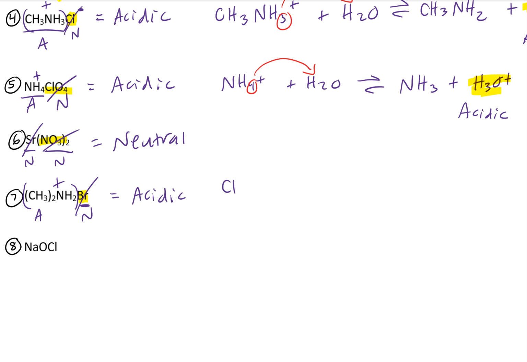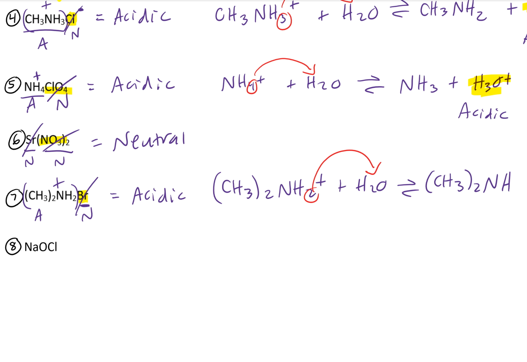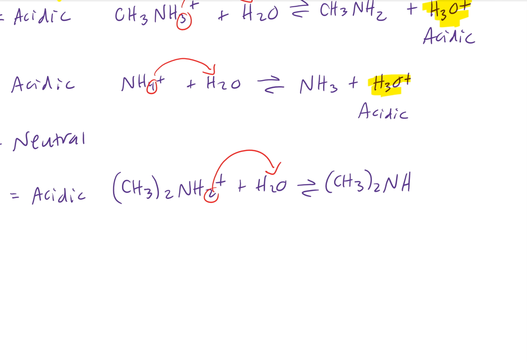And I can write the equation for this in water. It behaves as an acid, so it gives a hydrogen to the water, producing (CH3)2NH plus hydronium. Again, the production of hydronium makes this acidic.